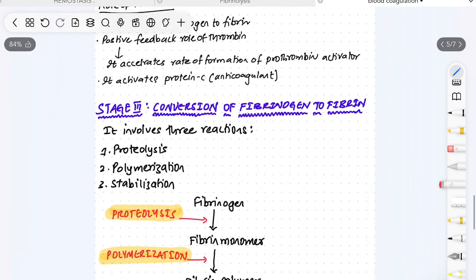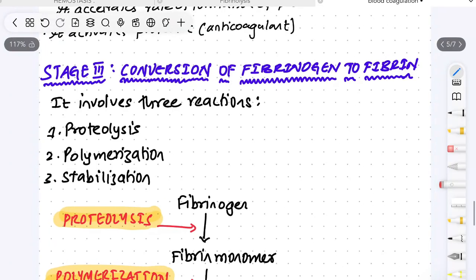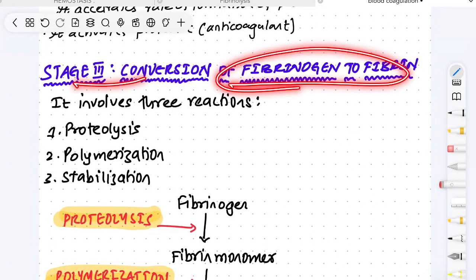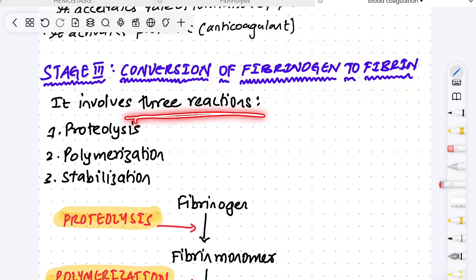Now stage 3. Stage 3 is the conversion of fibrinogen to fibrin. Now this stage 3 involves three main reactions. The first one is proteolysis, the second one is polymerization, and the third one is stabilization.